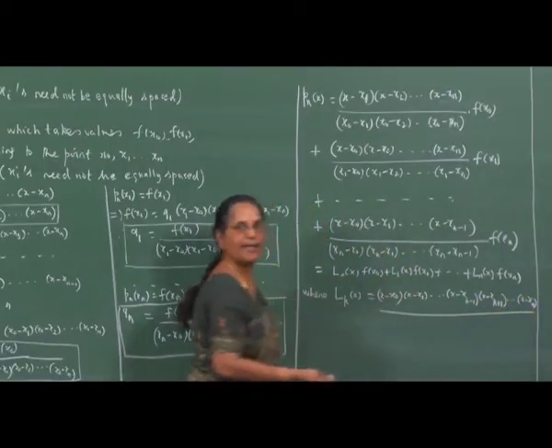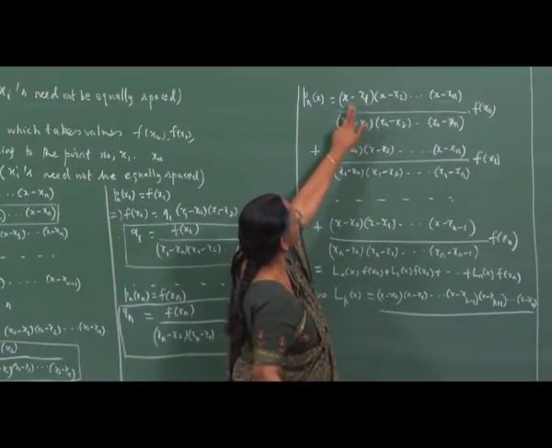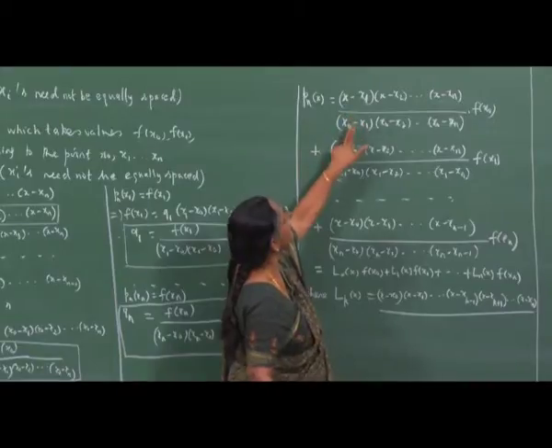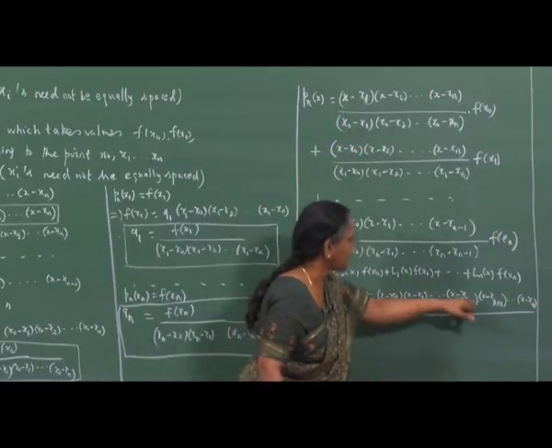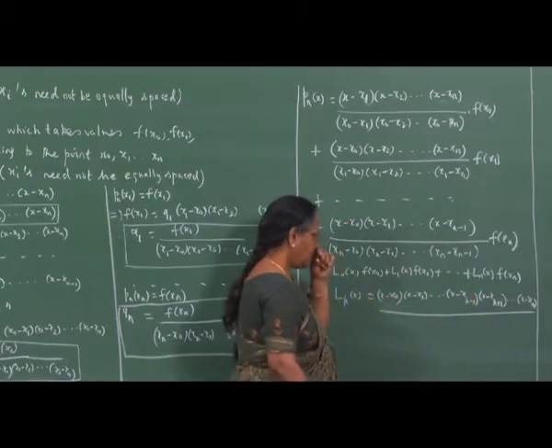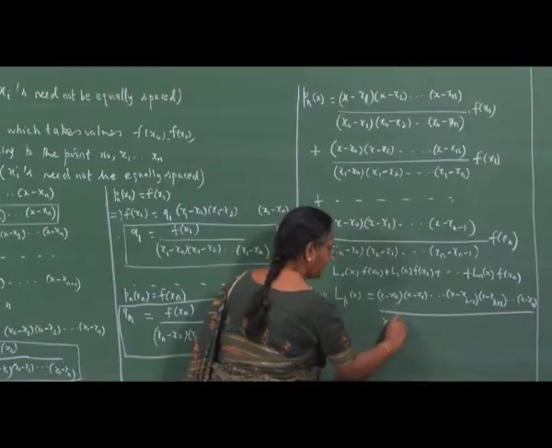What about the denominator? In the first term, when x minus x naught is not present, wherever x appears, it is replaced by x naught. So, here x minus x k is not present. So, wherever x appears in the numerator, it should be replaced by x k.